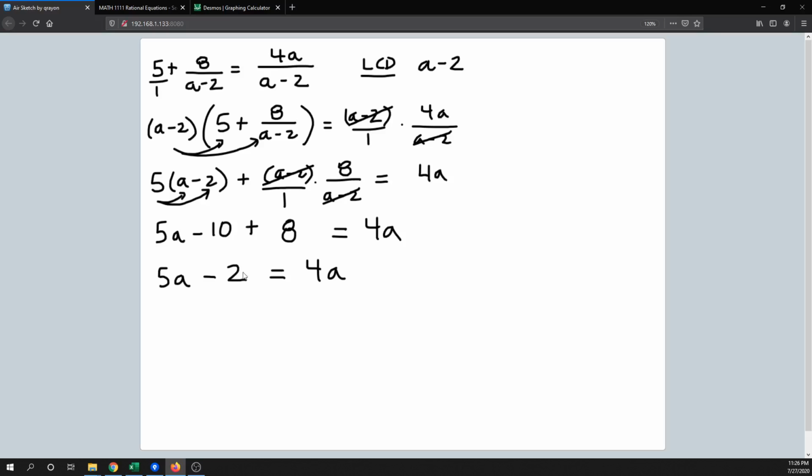There are lots of ways to do that, but here all of the terms without an a are already on the left side. So that means I want to put all of the terms with an a over on the right side. An easy way to do that is to just subtract 5a from both sides.